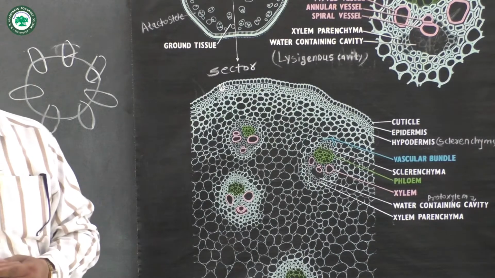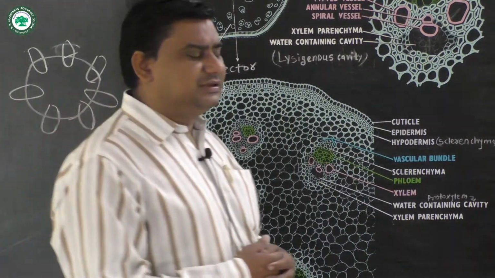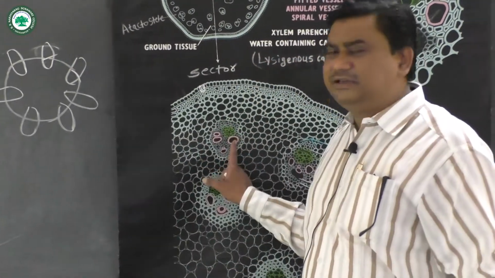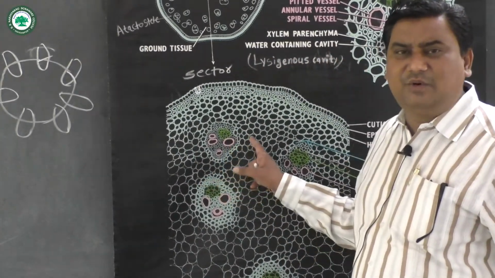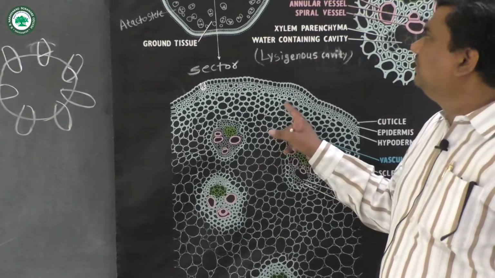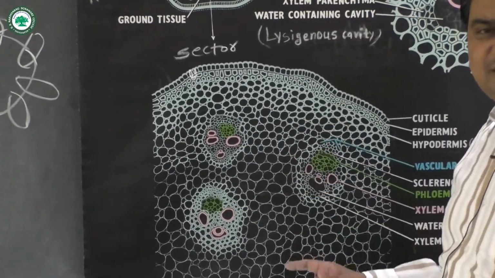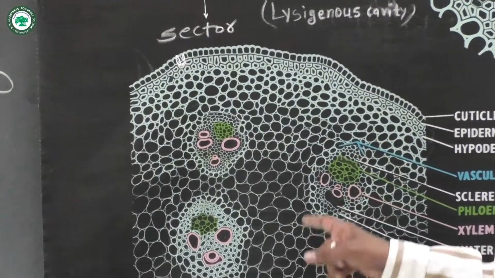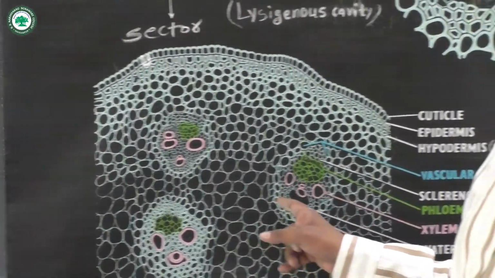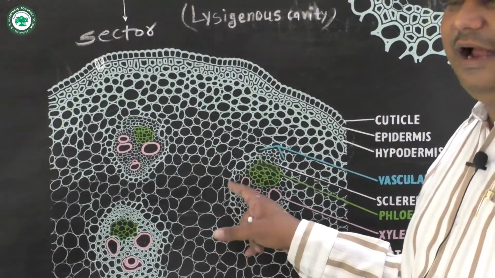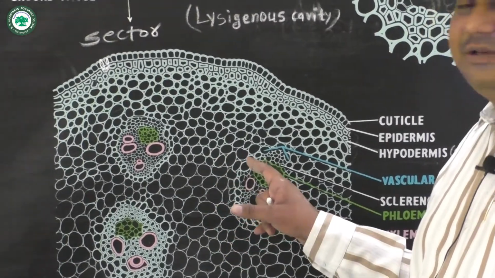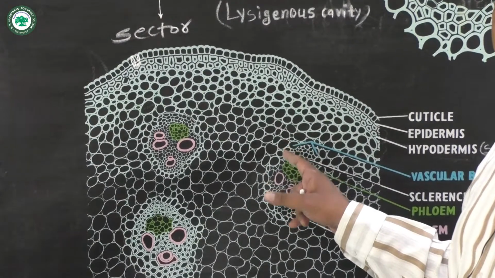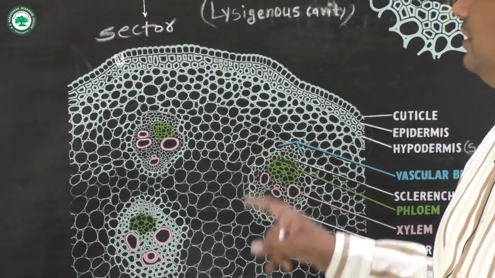Then what about the secondary growth? Due to the absence of the cambium in the vascular bundle, secondary growth is totally absent in the monocot stem. I already told you that secondary growth is absent in the monocot stem, but if it is present, we call it anomalous secondary growth.